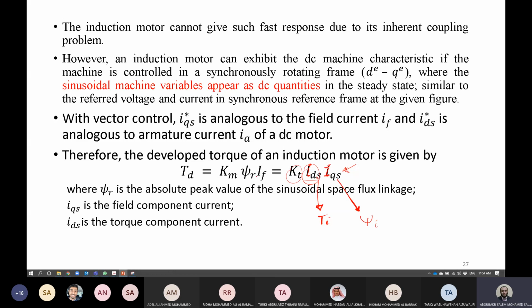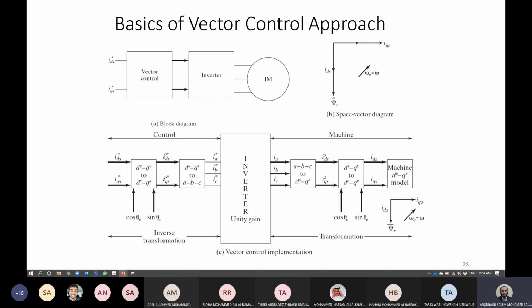So by this way, shabab, we could convert the complex induction motor into a very simple DC motor control. In the control itself, we will need reference values for ID and IQ, for torque and flux. And by using transformation, we can obtain the required ABC currents, which will be applied to the inverter.